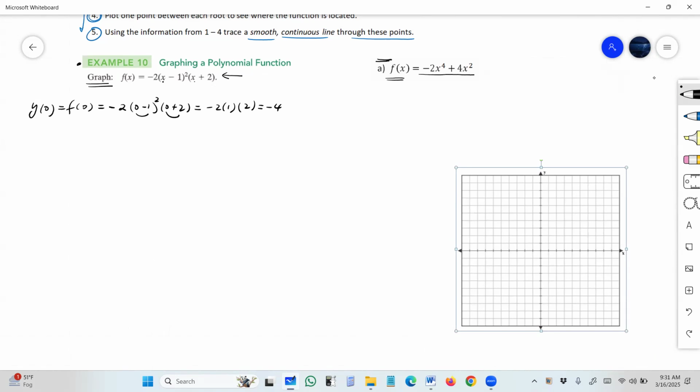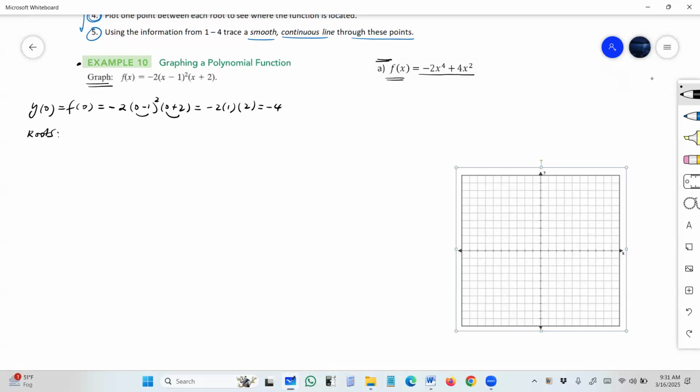Now, I could find, as I said before, the end behavior, but this is already in factored form, so it may be easier just to find the roots and their multiplicity. So I'm going to write here roots and their multiplicity. For the roots, all I have to do is set each factor to 0. Obviously, if it's not factored, I would have to factor first.